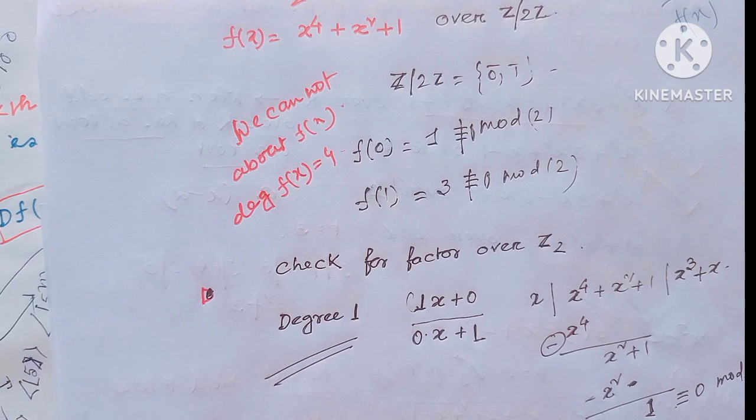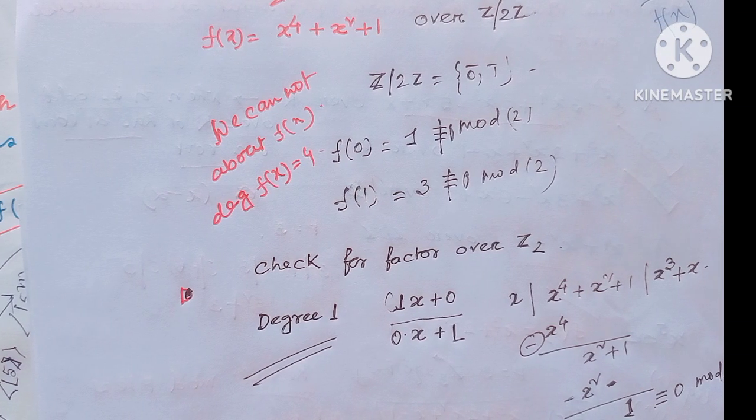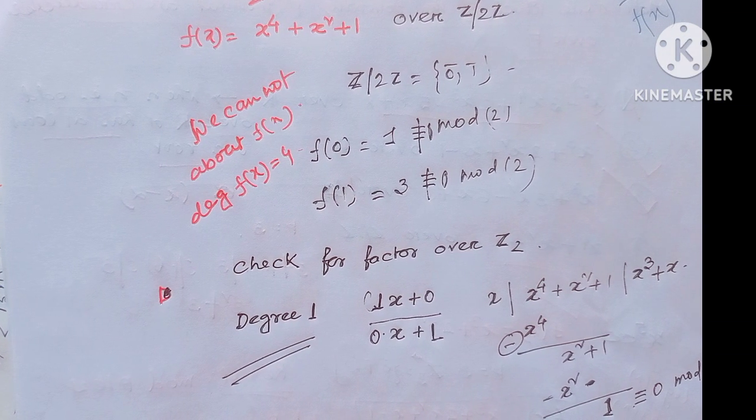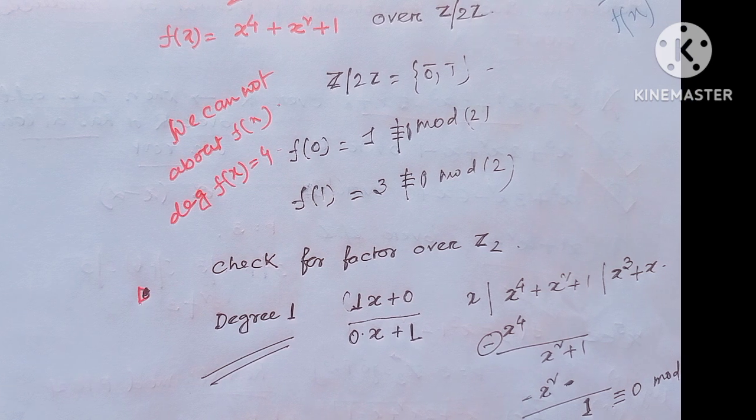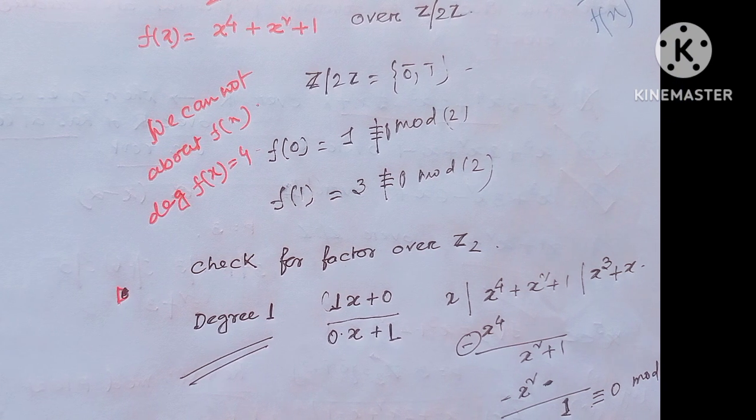Now check for degree 2 polynomials over Z2. What would be the factor of degree 2 polynomial over Z2?